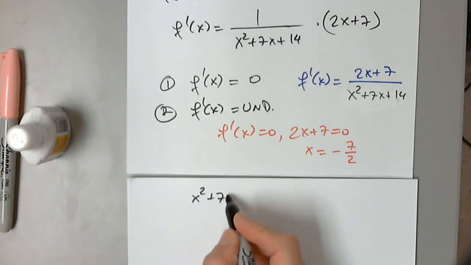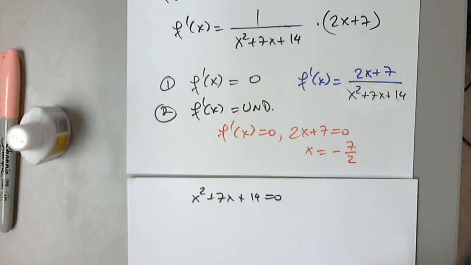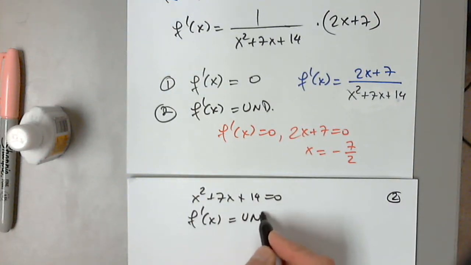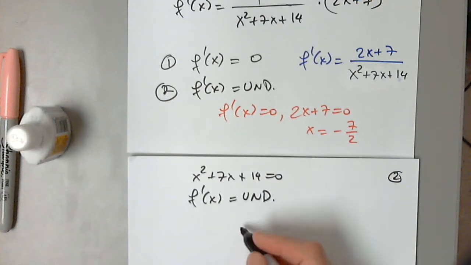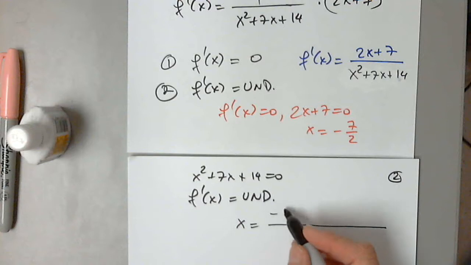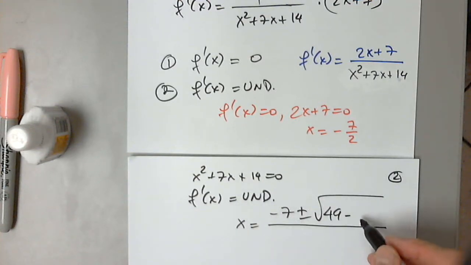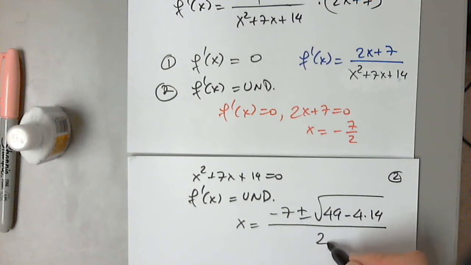So if I set it equal to 0, to see if f prime of x is undefined anywhere the function is defined, I use the quadratic formula: negative 7 plus or minus the square root of 49 minus 4ac, over 2a.